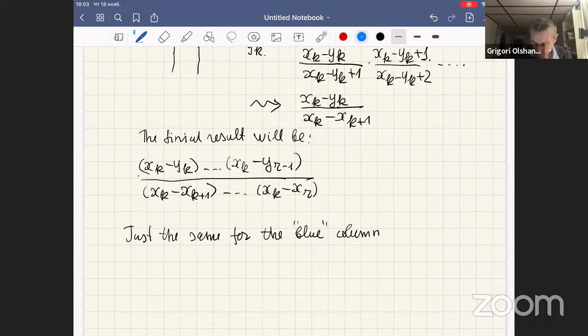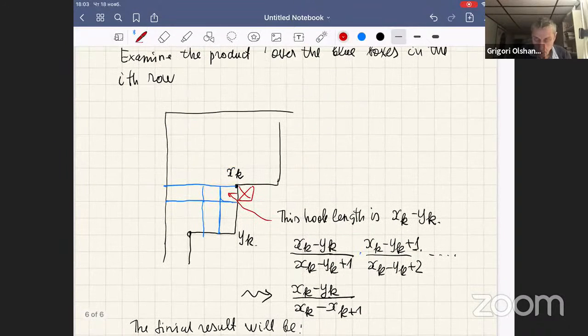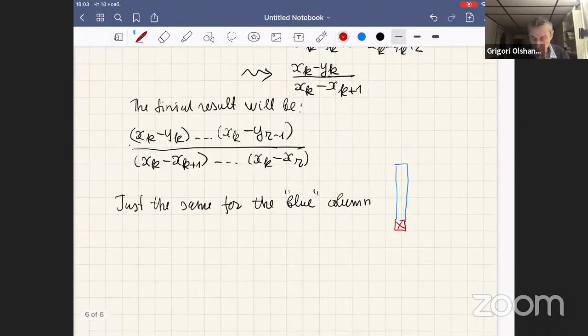This one. So we just regard this picture transposed, and we get exactly similar expressions, only with the y's and x's in a little bit different pictures.